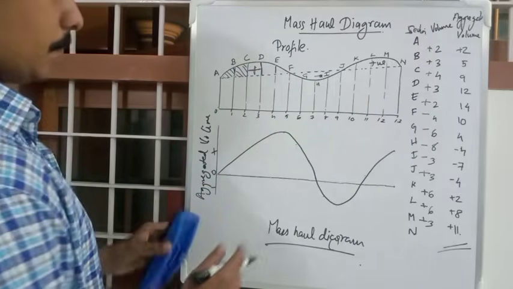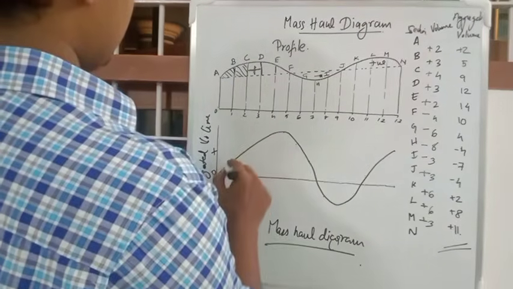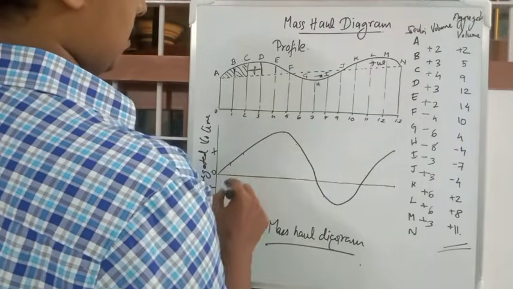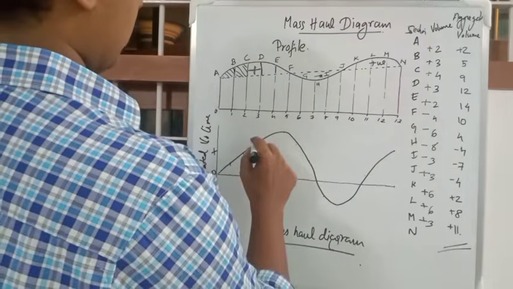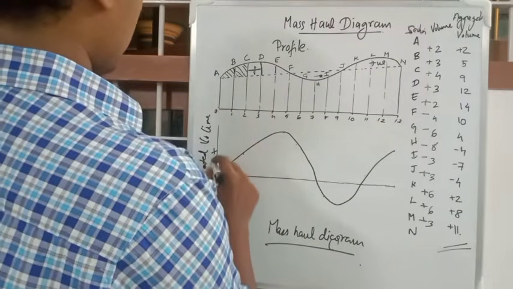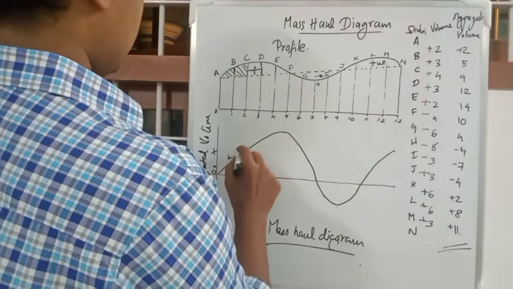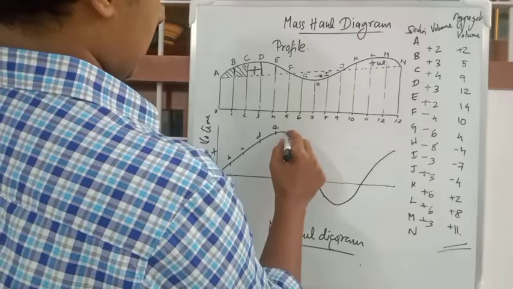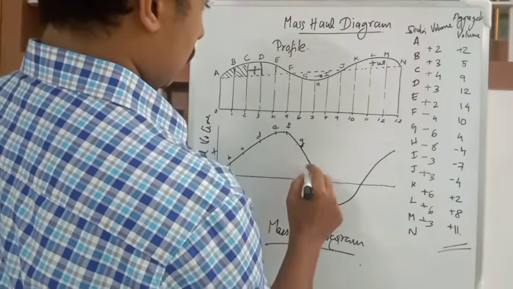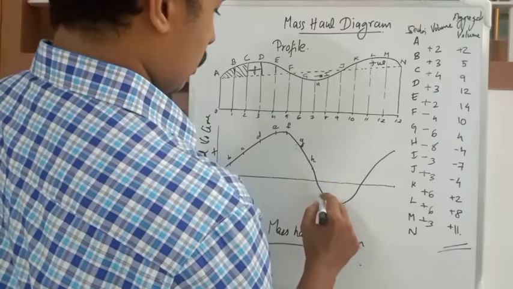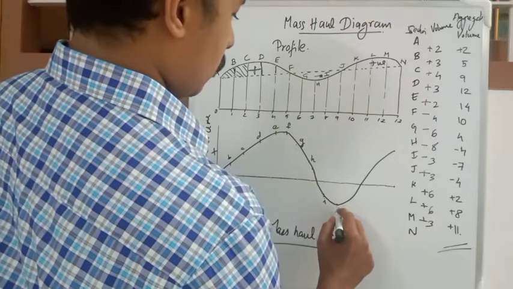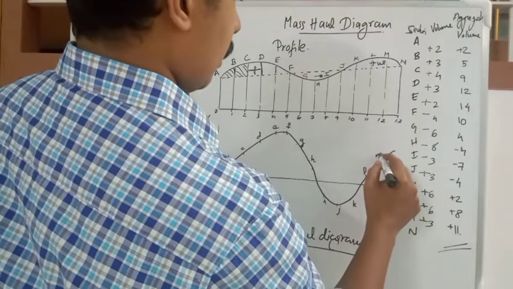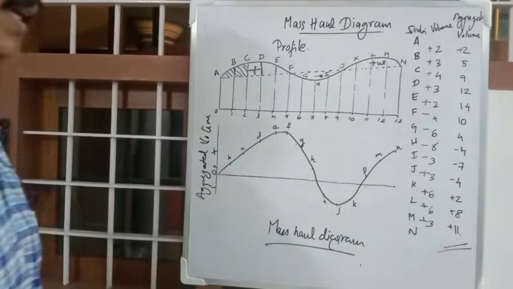Okay, so now we will name each of these corresponding points from A to N in this mass Howell diagram, namely in small letters a, b, c, and so on.